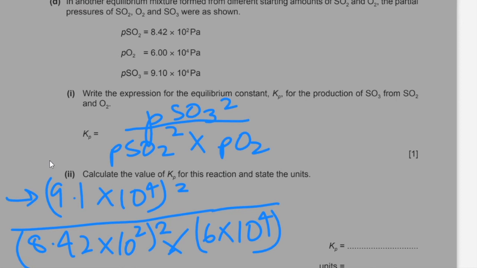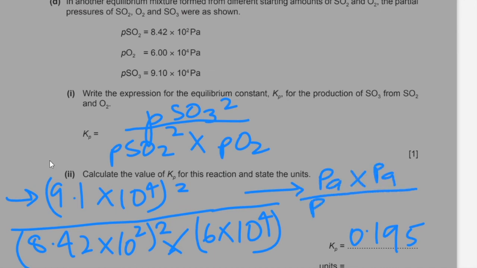Now this gives the value as 0.195. I have rounded it off to 3 significant figures. Now coming to units, we have 2 units in the numerator and the denominator contains 3 of those. So 2 of these are cancelled from the numerator and denominator, which leaves us with 1 over Pascal. So that is equal to Pascal to the power of minus 1.